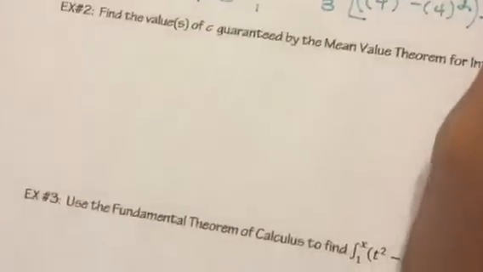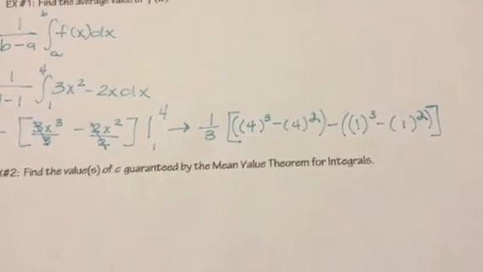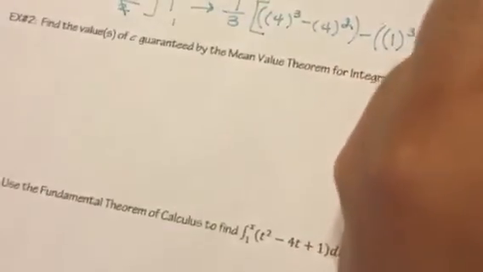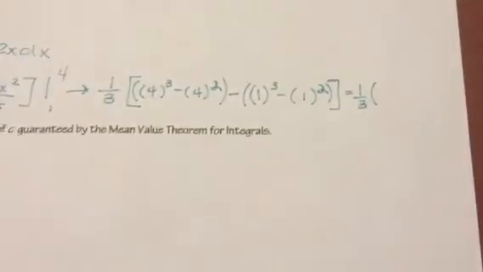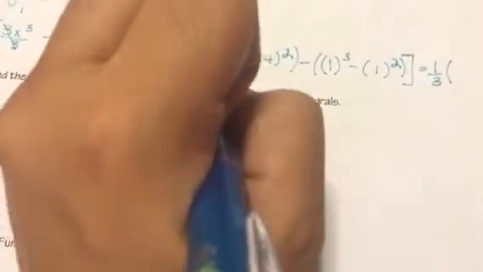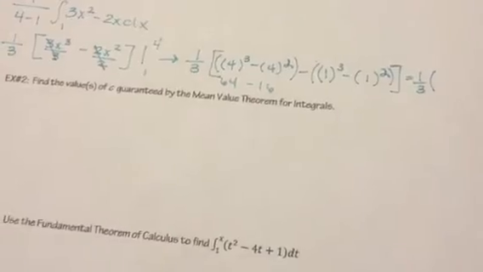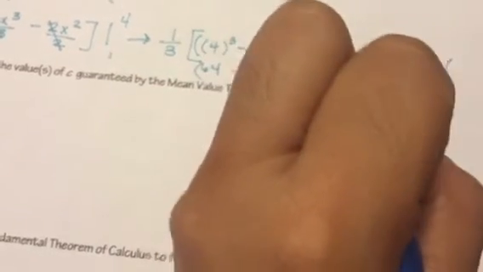My bad, this should be squared. That'll give us 1/3 of 64 minus 16, minus 1 minus 1.